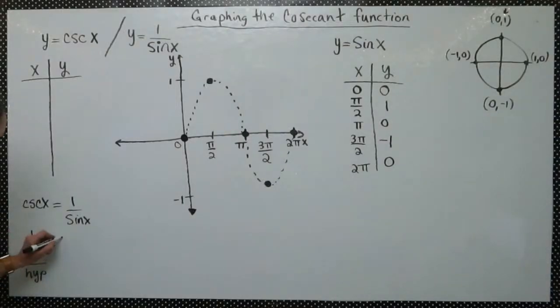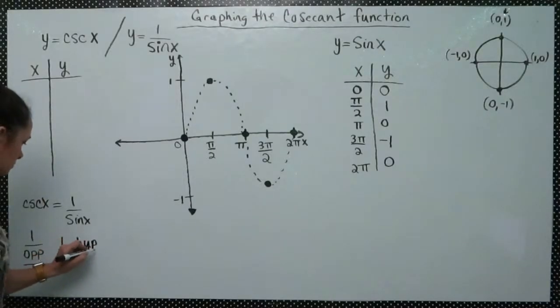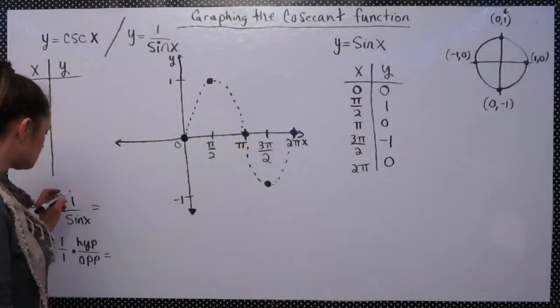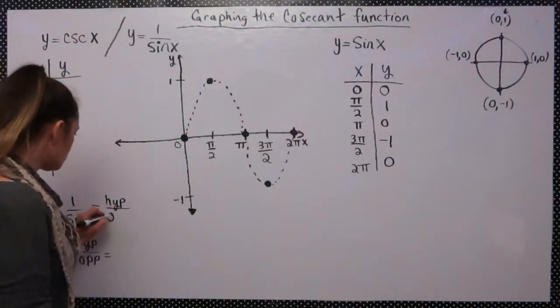And remember, when you divide fractions, you're inverting and multiplying that second term, so that it leads us to hypotenuse over opposite. So when we're trying to find cosecant, we're looking for the hypotenuse over the opposite.